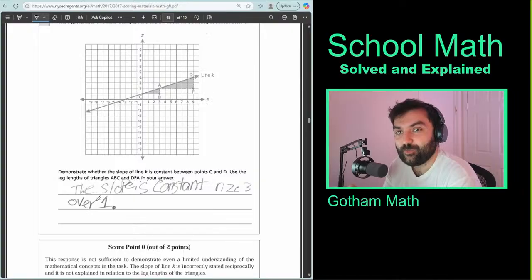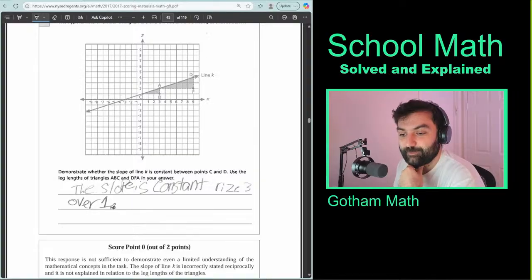If this had been written in a nicer handwriting, that would get you 1 point, because that's not that far from the right answer. But let me remind you, this is an 8th grader, someone who is 12 or 13 years old. You need to learn how to write neater.